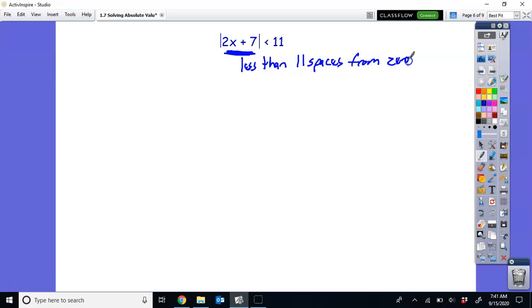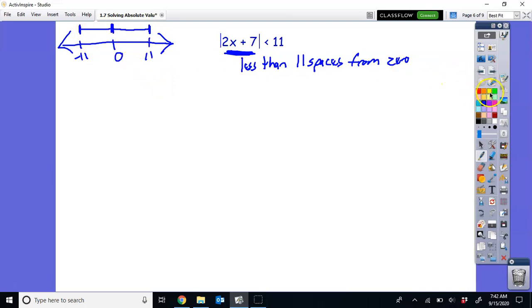Well, if you think about the number line, and you got 0 here, you got 11 over here, you got negative 11 over here, where would less than 11 spaces from 0 be? Well, right here, all the way to 0, that's 11 spaces. From here all the way to 11, that's 11 spaces. So where would less than 11 spaces be?